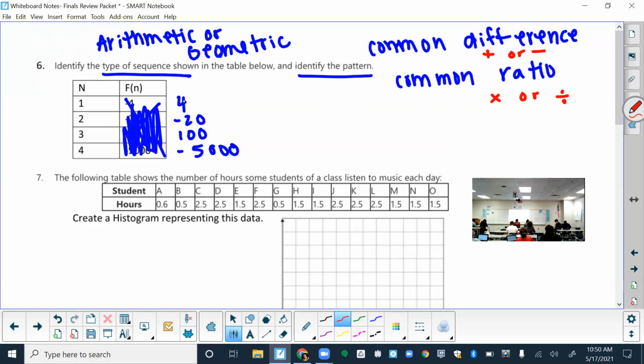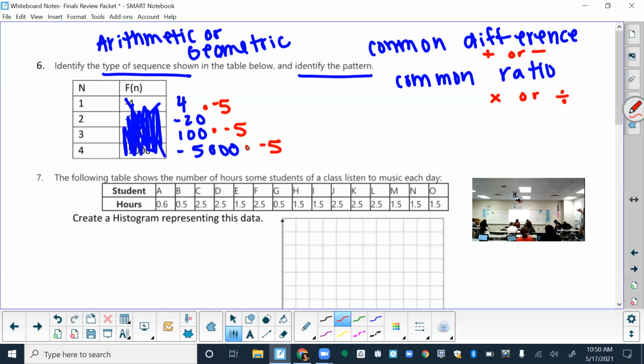So for this sequence, the n just means this is the first term, this is the second term, third term, whatever. This part, what's going on each time we move to a different number? We're multiplying by 5, and the 5 is negative. So we're multiplying by -5 each time.